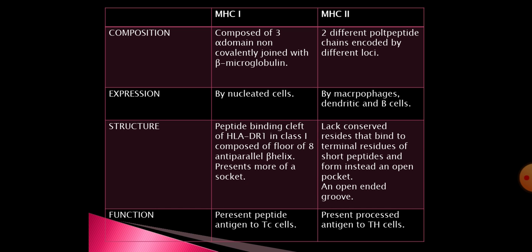They are also differentiated in terms of expression. MHC1 is expressed by nucleated cells, and MHC2 is expressed by macrophages, dendritic cells, and B cells. They are also different in structure and function. MHC class 1 presents peptide antigen to TC cells, and MHC2 presents processed antigen to TH cells.